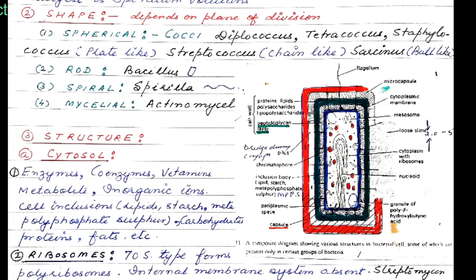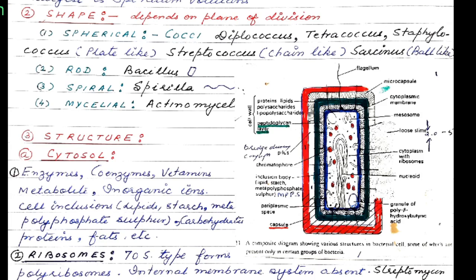After the capsule we have the cell wall, and after the cell wall the plasma membrane. You can see the cell wall in green color in the diagram. The cell wall is made up of proteins, lipids, polysaccharides, lipopolysaccharides, and peptidoglycan.